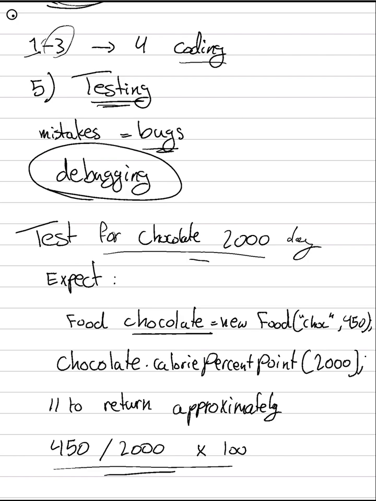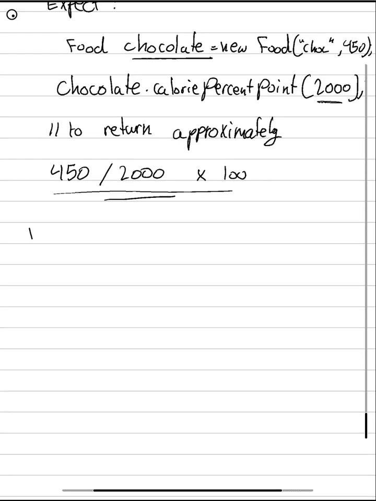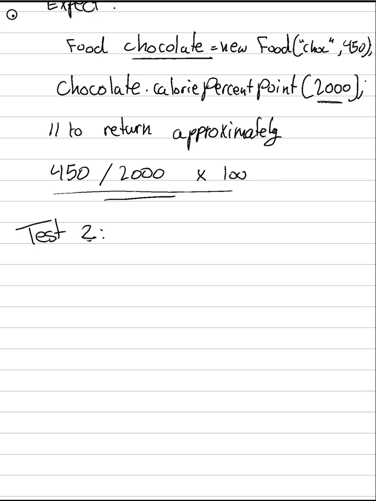Since we've added a parameter, we should also test it with a different parameter. So let's say test 2, chocolate for a 3,000 calorie person.